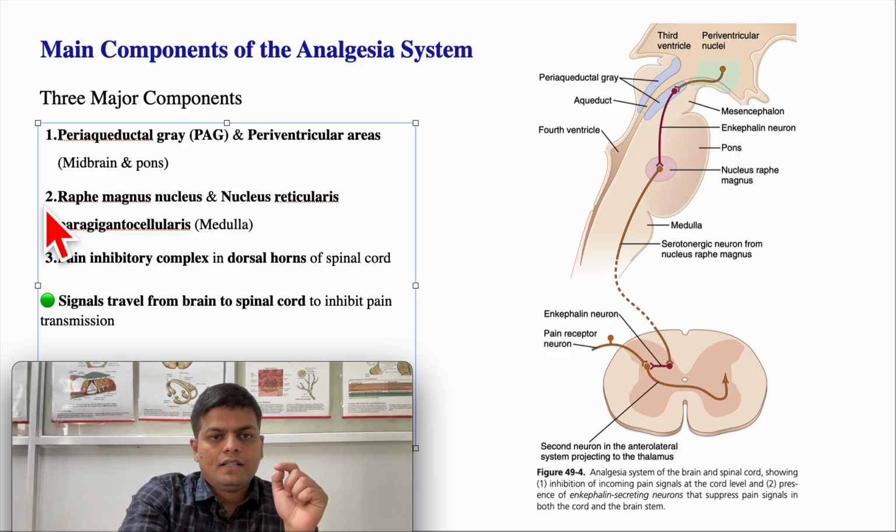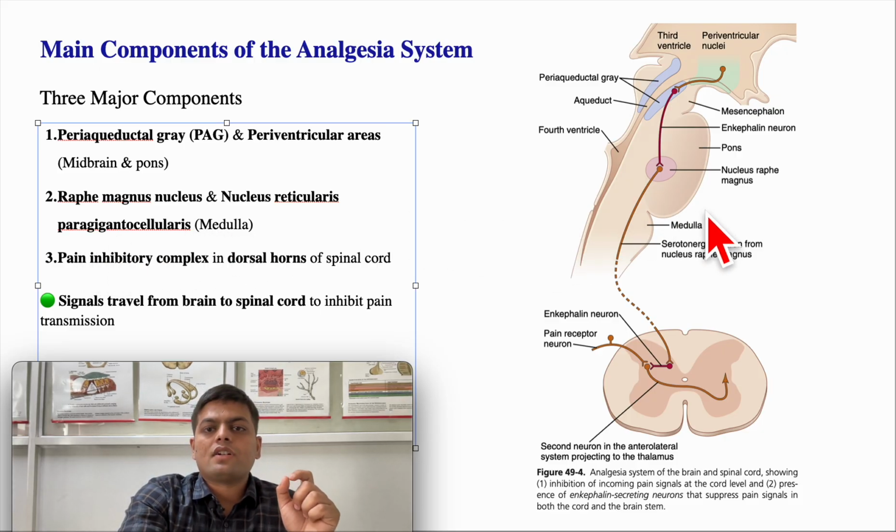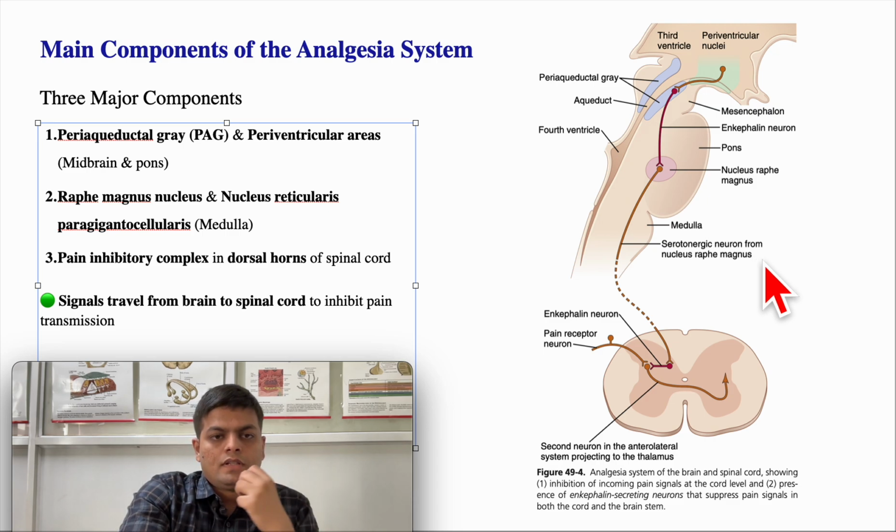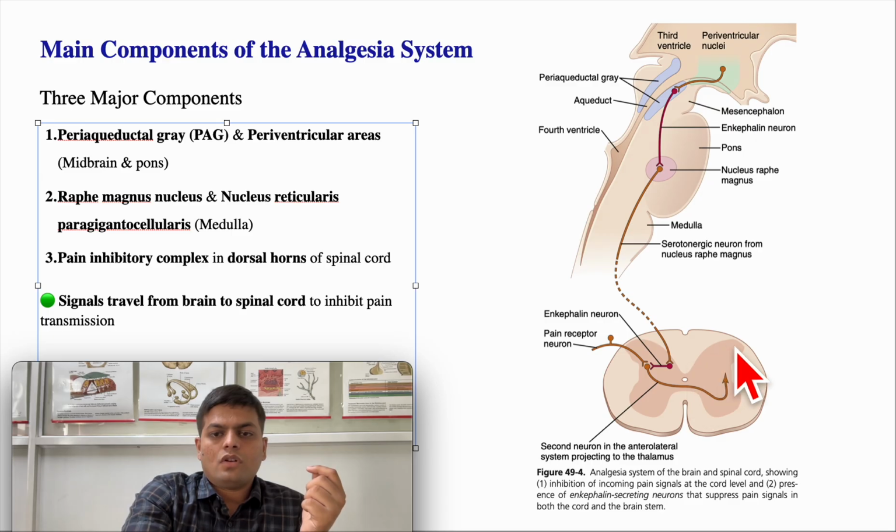Second one is nucleus raphe-magnus. Nucleus raphe-magnus is located in medulla oblongata and nucleus reticularis paragigantocellularis. This is located at the junction of medulla and pons. The third one is pain inhibitory complex. This is located in dorsal horns of spinal cord.